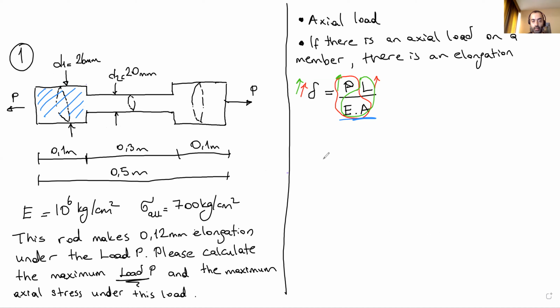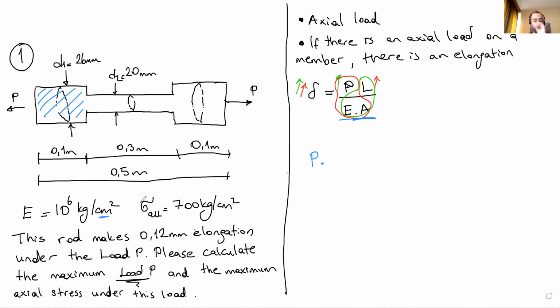P is P, the axial load, times L. L here, as you can see, is 0.1 meter. This is in meter. Let's have a look at the modulus of elasticity. It's in centimeter.